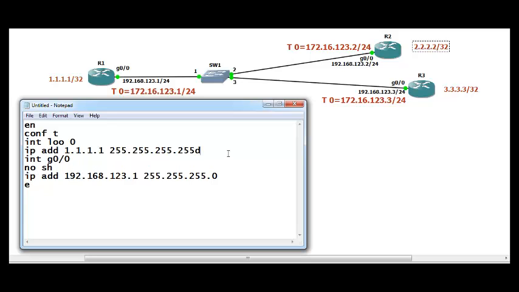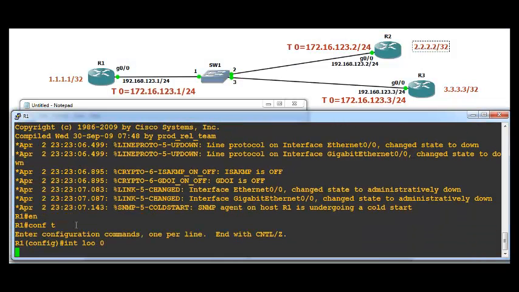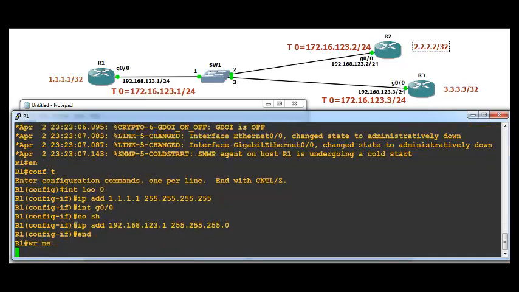So I'll say end and write to memory. This is what goes on router 1. So router 1 configuration is over.